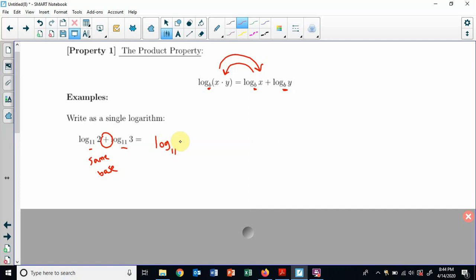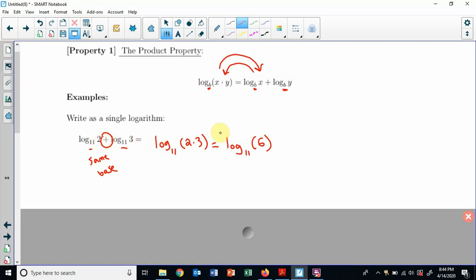And what I'm going to do is take those 2 inputs and multiply them. Okay? And then I can actually do the multiplication now. Everybody know 2 times 3 is 6, right? So log base 11 of 6 is the same thing as log base 11 of 2 plus log base 11 of 3. Okay? So we wanted to write it as a single logarithm.